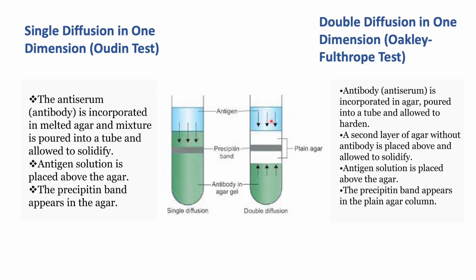And then the antigen solution is placed above the agar. Now the precipitation band appears in the plain agar column because the diffusion happens in both directions. The antigens on top diffuse into the second layer, and the antibodies in the third layer also diffuse into the second layer, and as they react, they form the precipitation band.